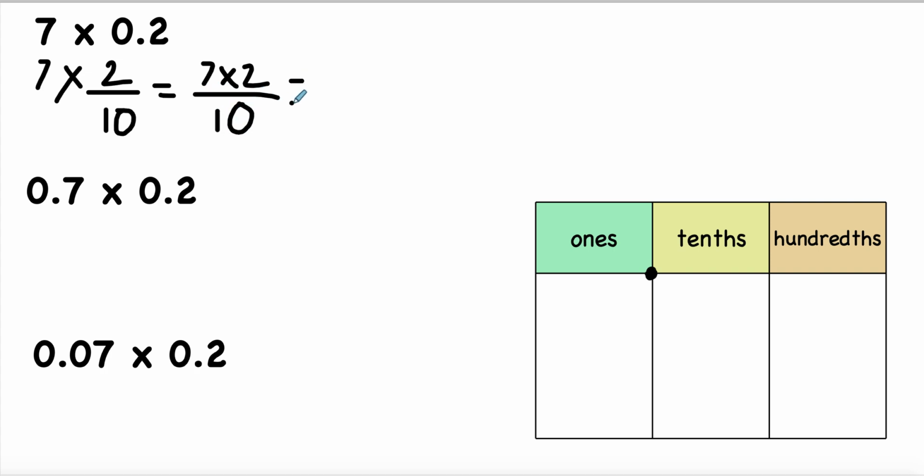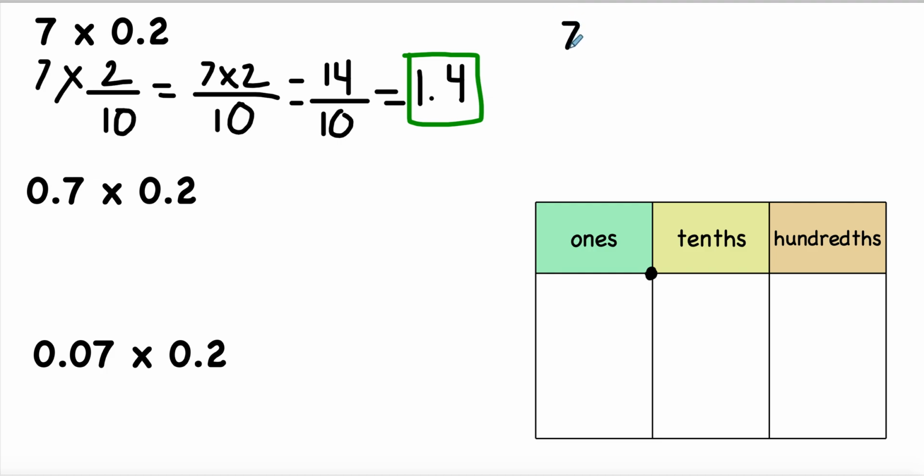I can think of that as 14/10, which I know I can rewrite as 1.4. 1 4/10.